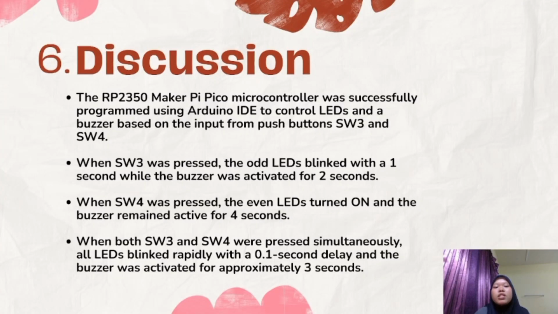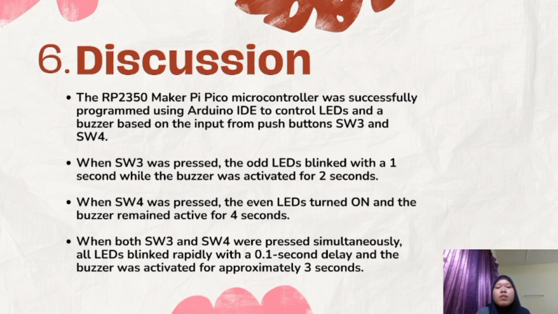Now, I move on to the discussion part of our project. From the result obtained, we can see that the RP2350 Maker PI Pico was successfully programmed using Arduino IDE. The microcontroller was able to receive input from the push button and respond by controlling the LED and buzzer according to the program instruction.